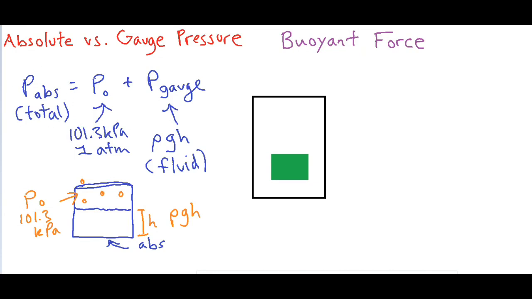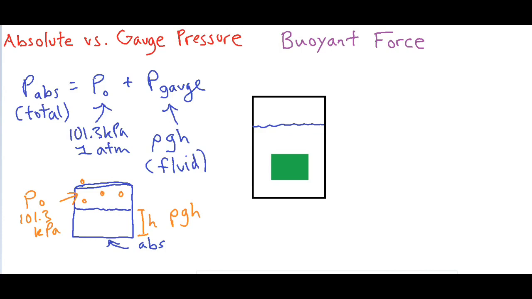All right, moving on to buoyant forces. Buoyant force is a fairly big topic with fluids, and the way it works is this: if an object is placed in a fluid, so say for example we have a container filled with water again, whatever space is occupied by the actual object itself, obviously there is no fluid there.